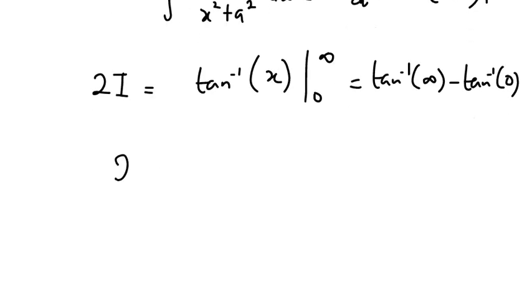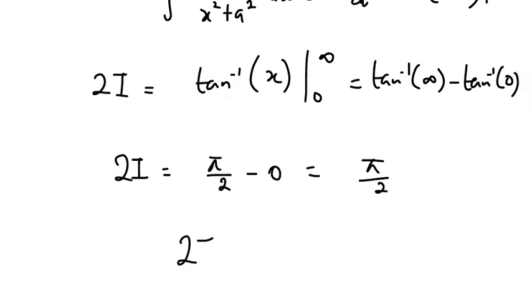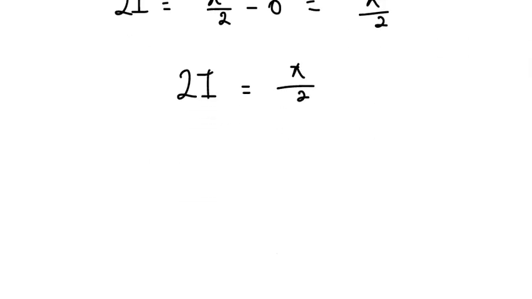So from here we get 2I is equal to pi over 2 minus the 0 there, so we get pi over 2. So finally 2I is equal to pi over 2. Divide both sides by 2, so we get I is equal to pi over 2 divided by 2, which will give us pi all over 4.